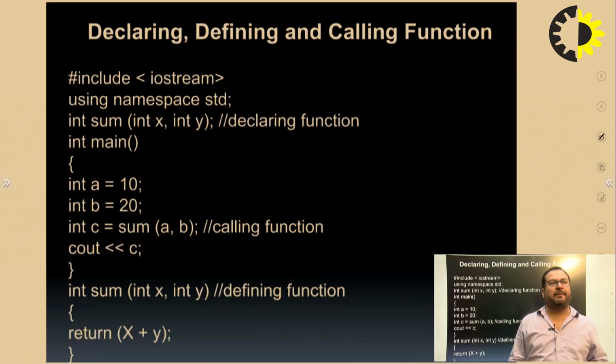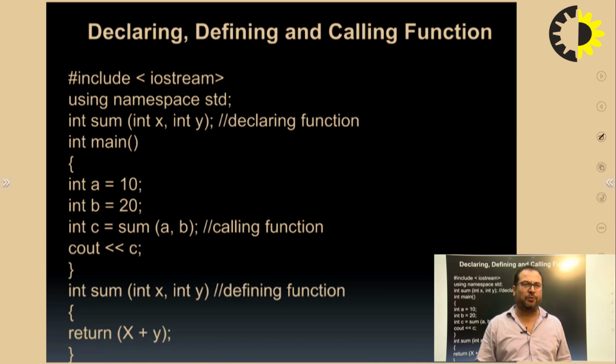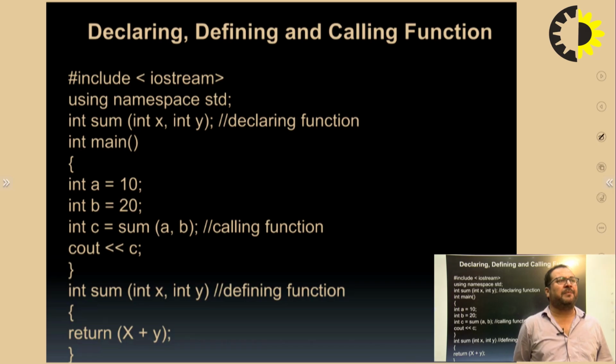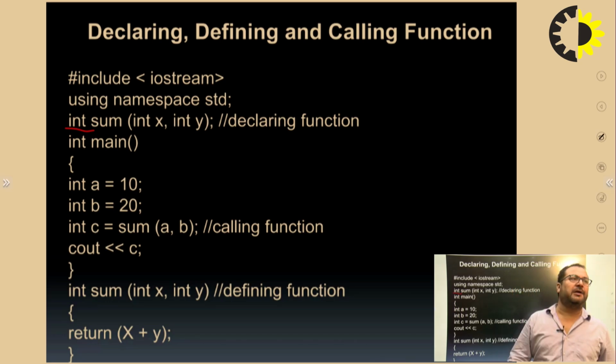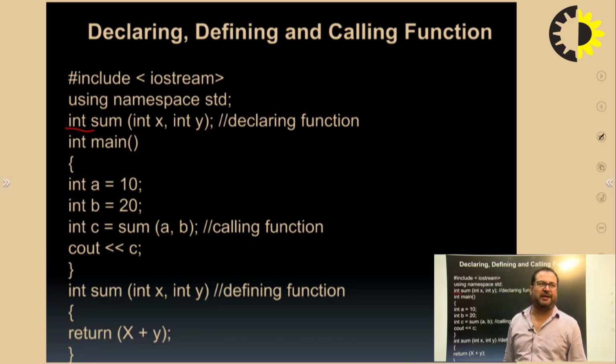For example, here we are going to use a sum function which takes two arguments, say x and y. This sum function is going to add two numbers, and in this example we have used an integer return type, so this function will return an integer value.